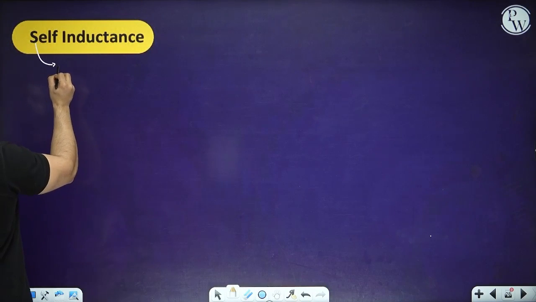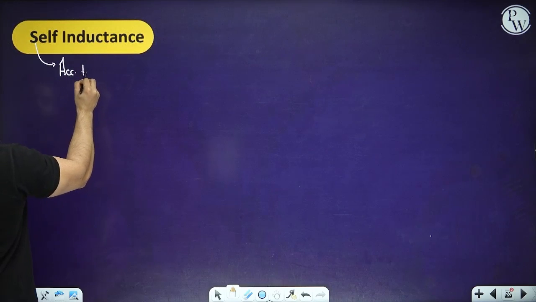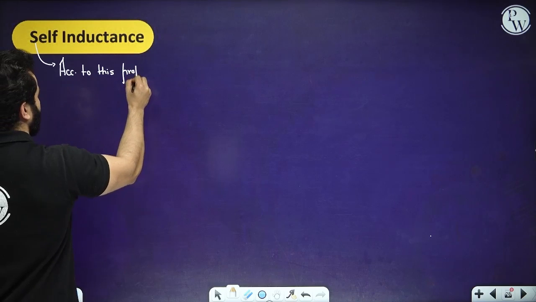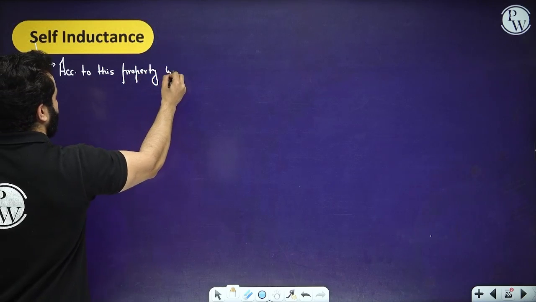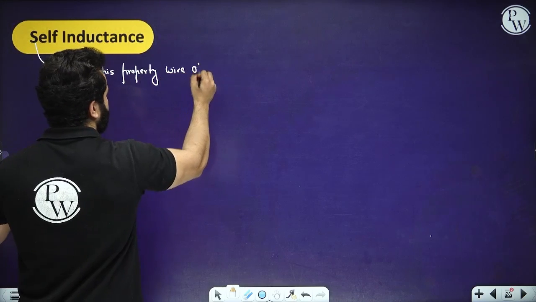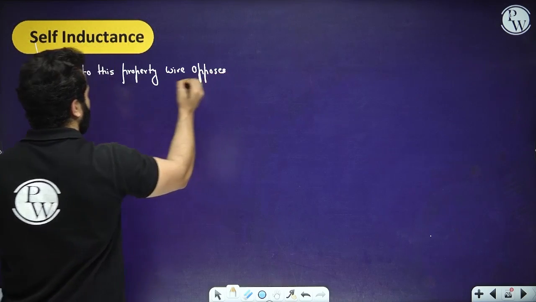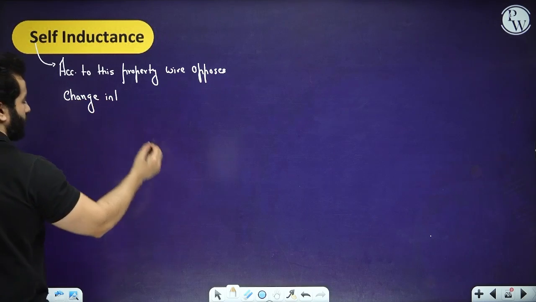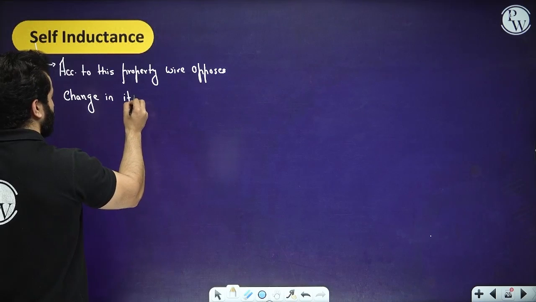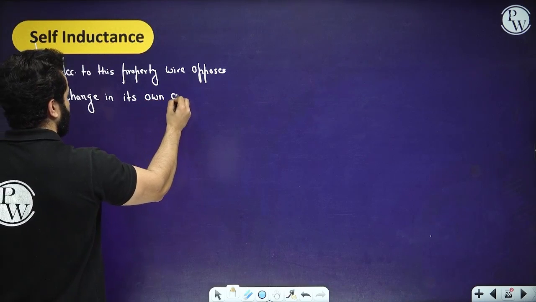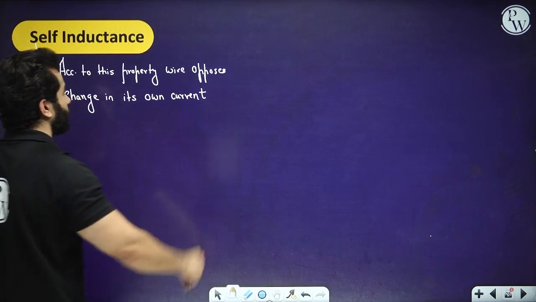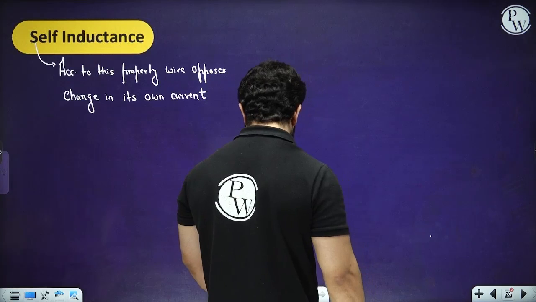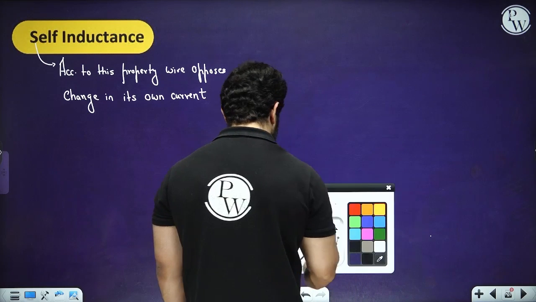According to this property, a wire opposes change in its own current. That is self-inductance, right?